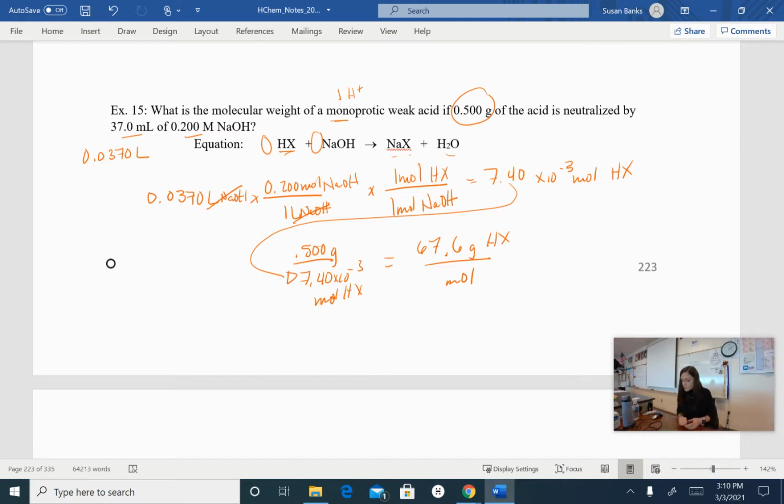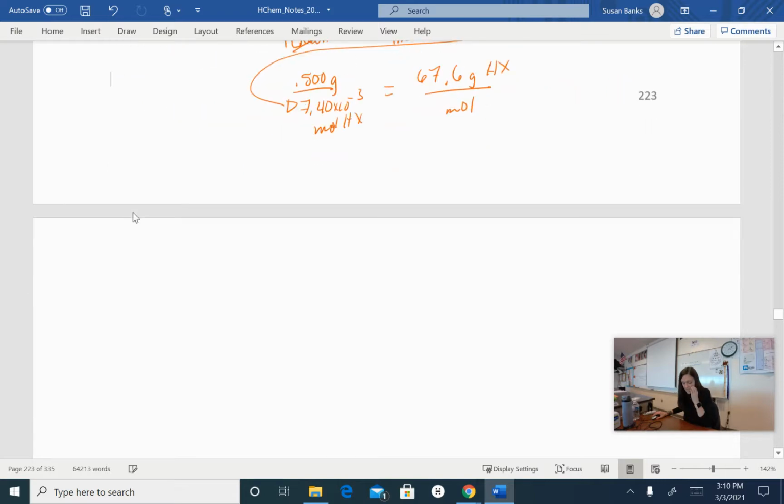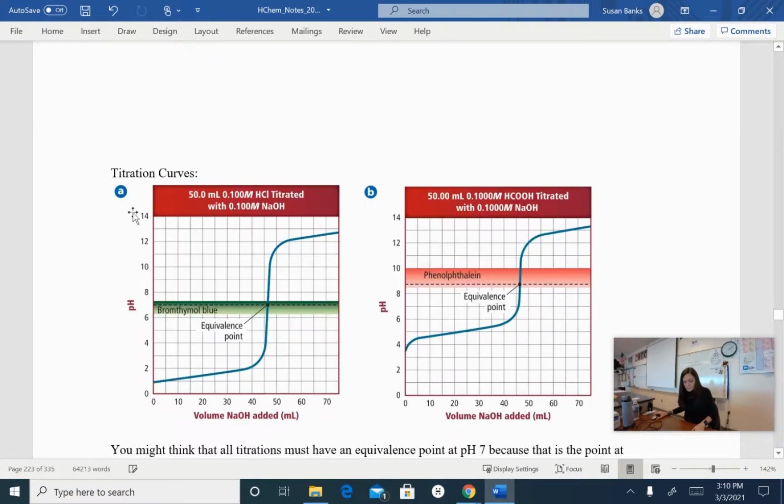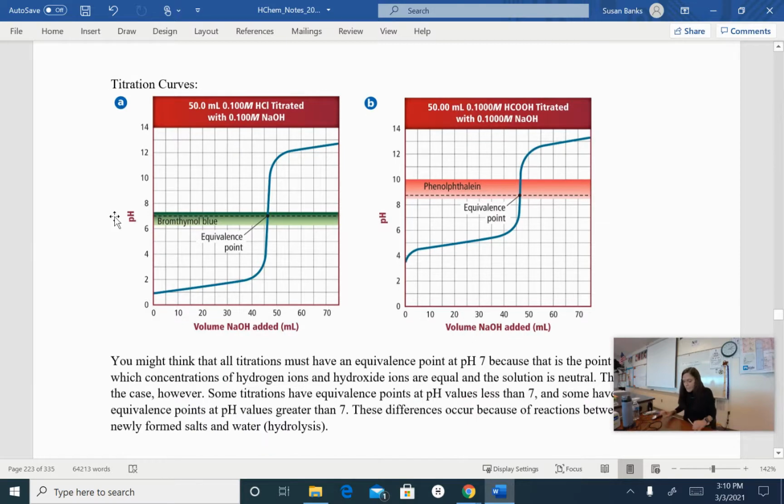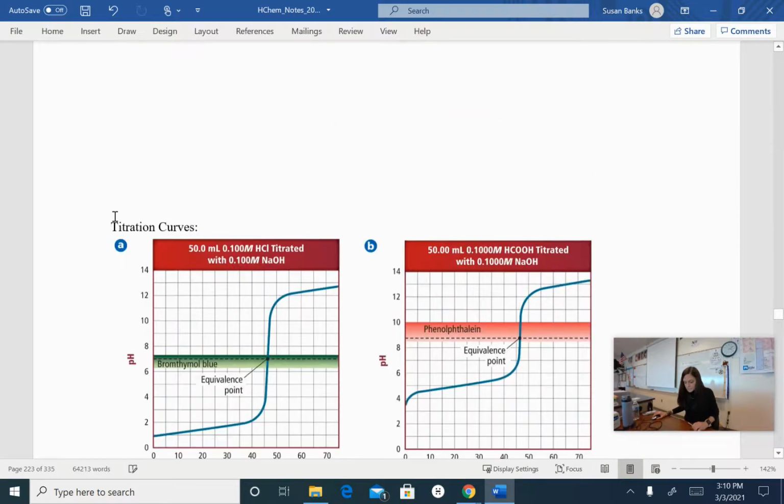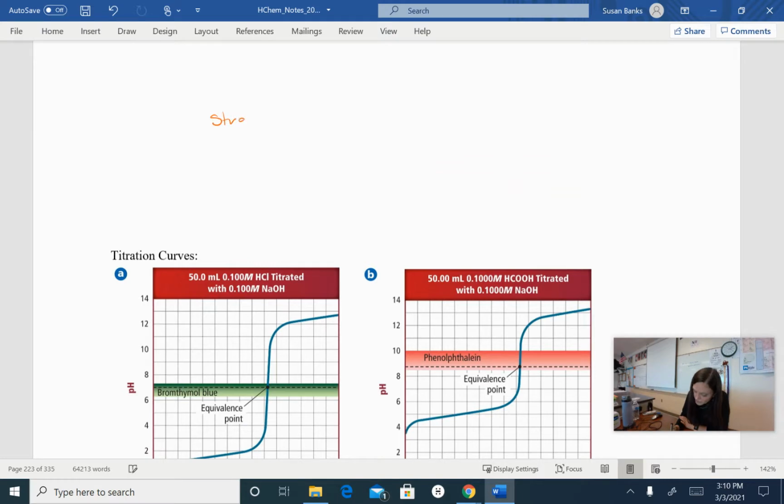Okay, titration curves are what we use to figure out the amount of acids and bases that we have. So here we go. If I have a strong acid and a strong base, I will have water and a neutral salt made. And that neutral salt will keep that solution neutral.